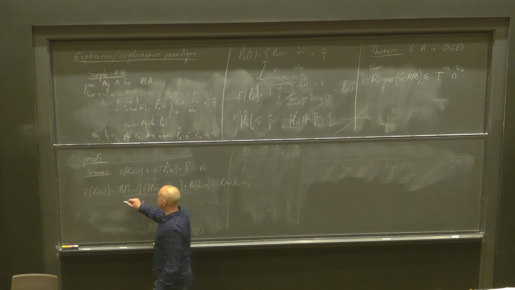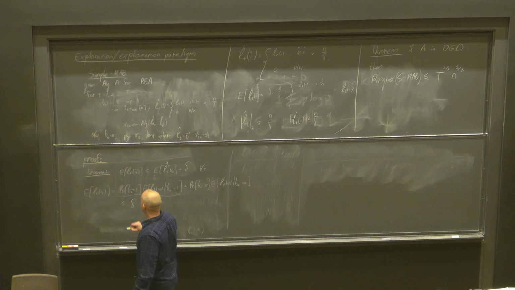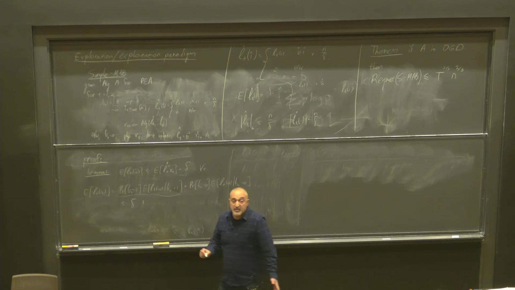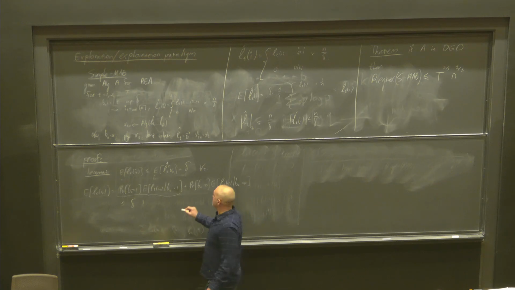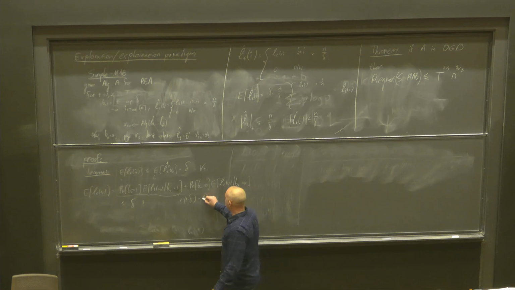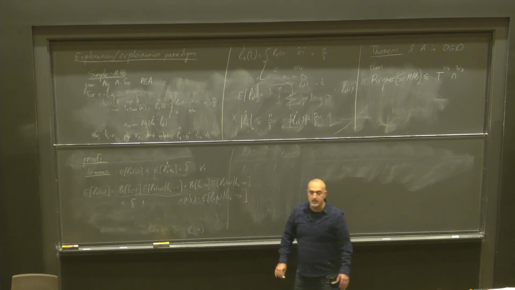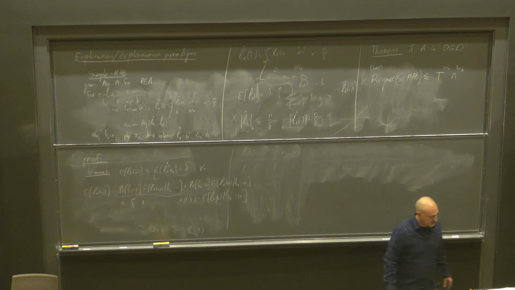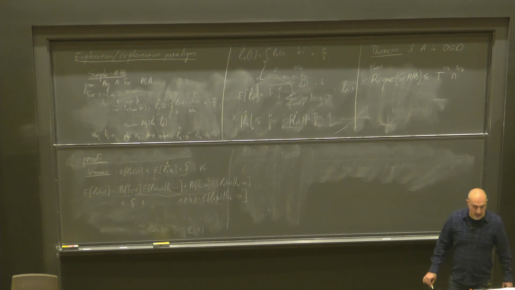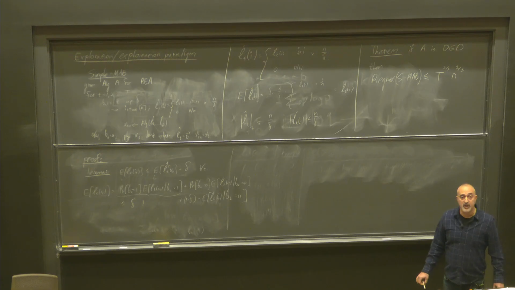So I'm going to say this is bounded by delta. It happens with probability at most delta. And here I have 1 minus delta times this expectation here. I'm using here the fact that the losses are at most 1, otherwise this would not be true.